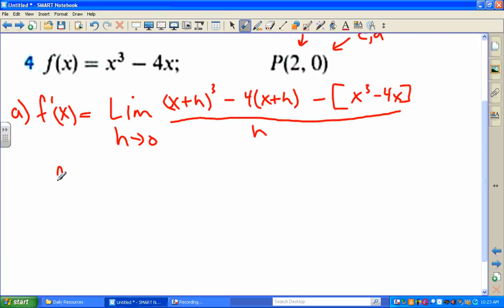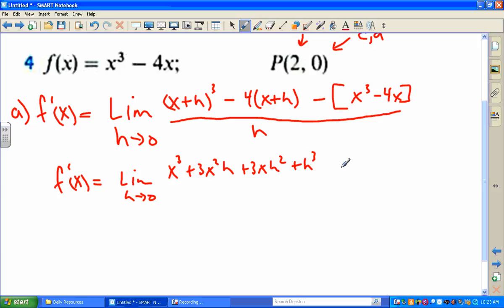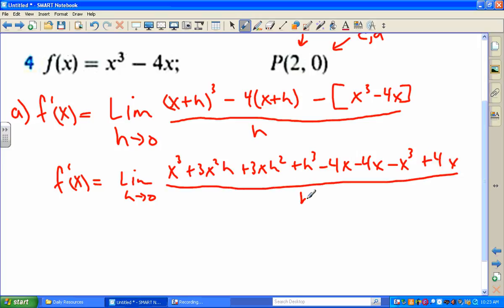So, f prime of x, remember it means derivative. A limit as h approaches 0, and you expand it out. X cubed plus 3x squared h plus 3xh squared plus h cubed minus 4x minus 4h minus x cubed plus 4x, all over h.